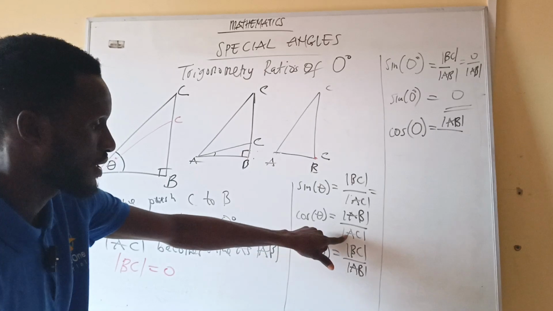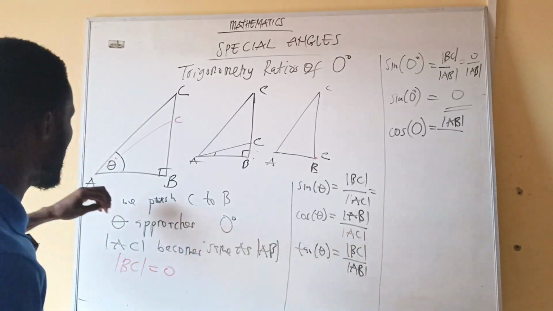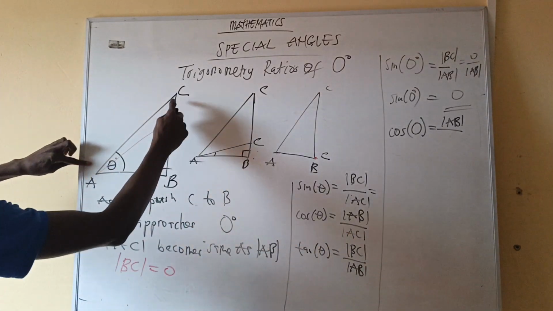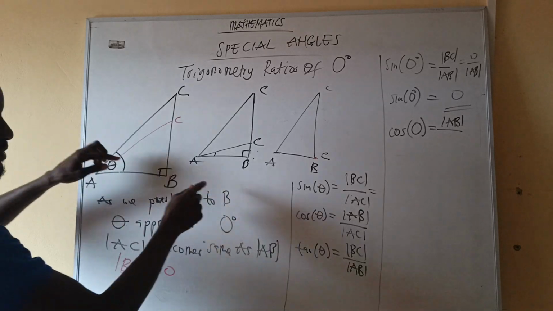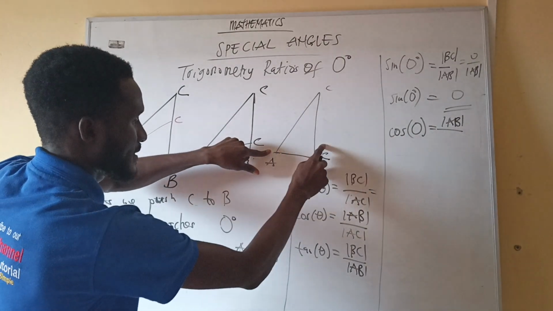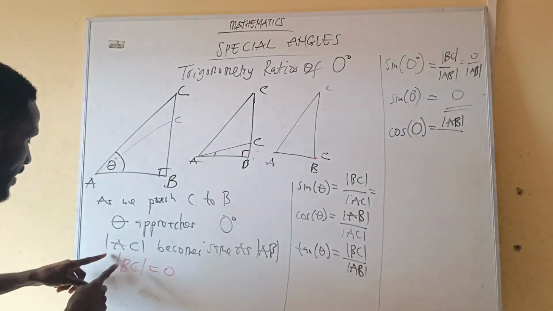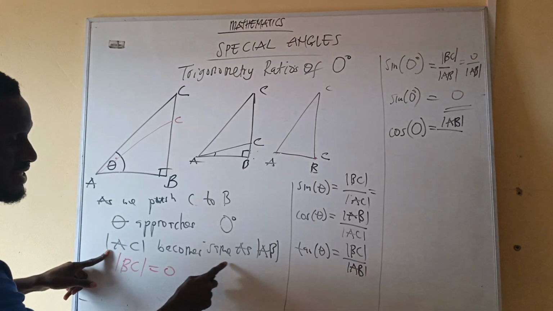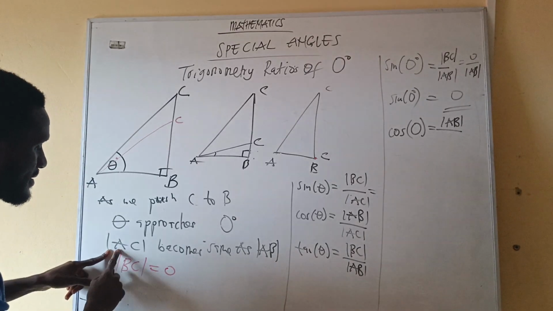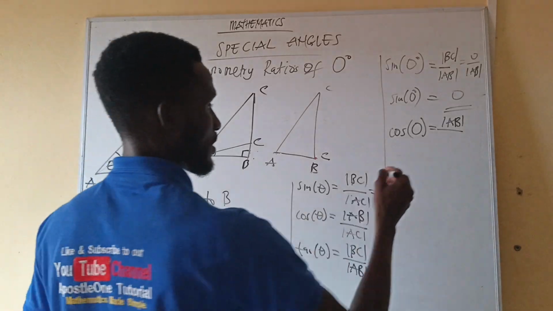Divided by the AC. Now don't forget that as this one approaches B, the AC becomes the same as the AB, meaning the AC and the AB, they are the same.